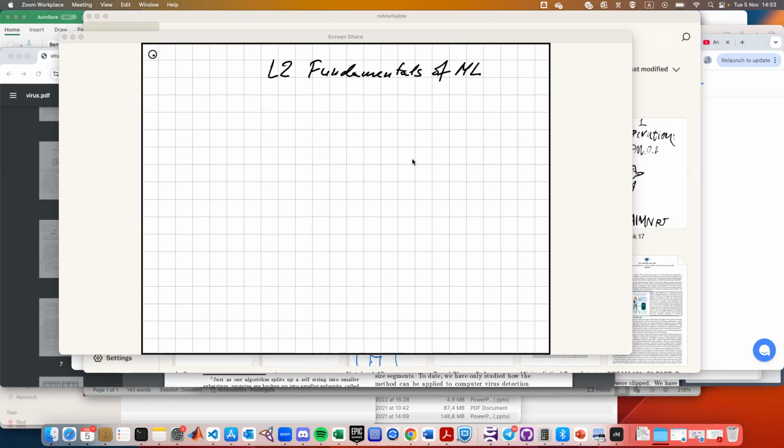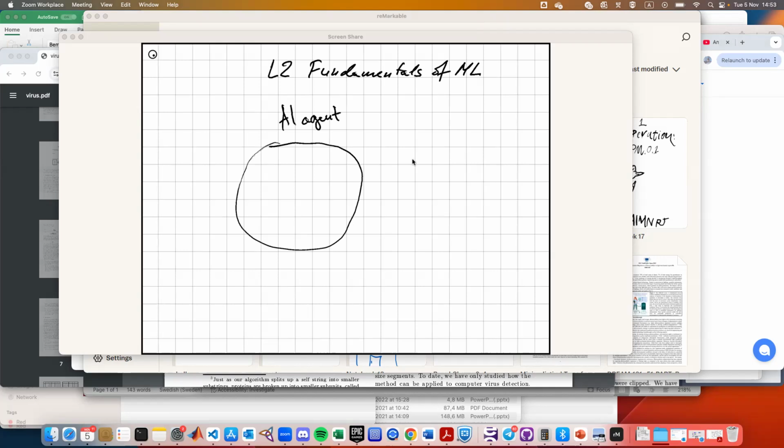Again, to link the material of this class to what we talked about yesterday, we are talking about an abstraction which is called an AI agent.